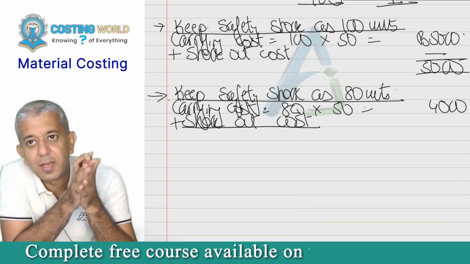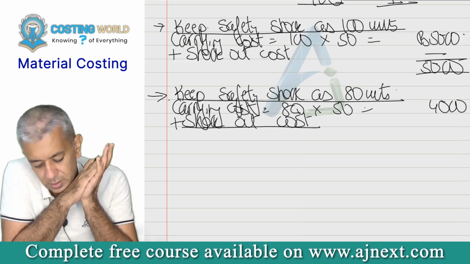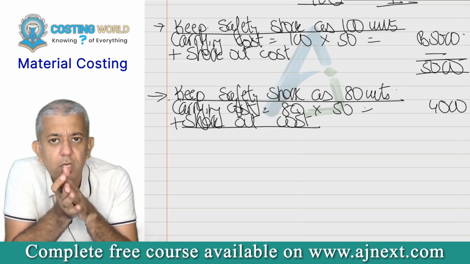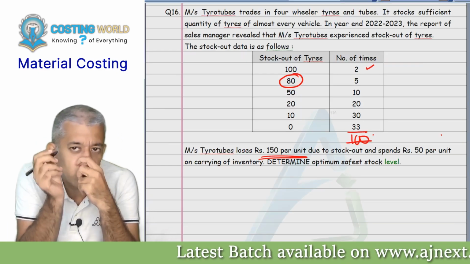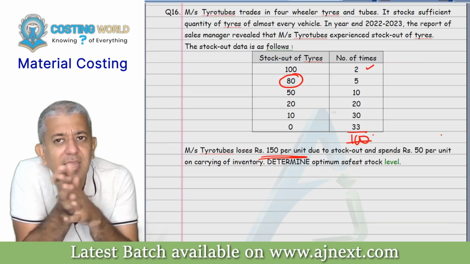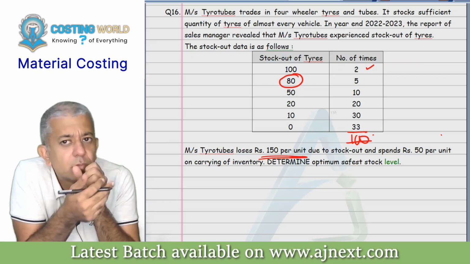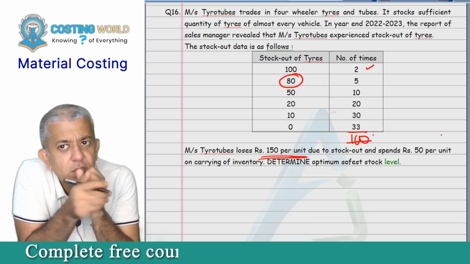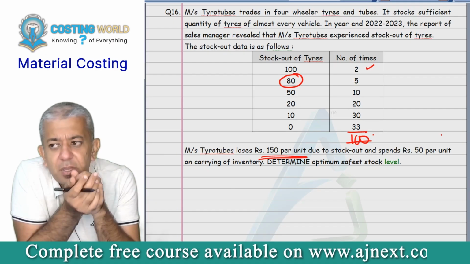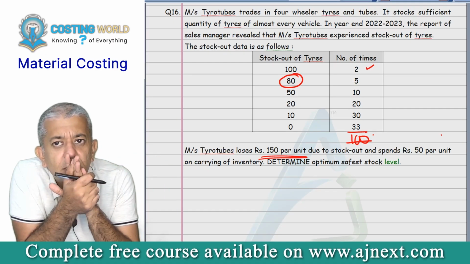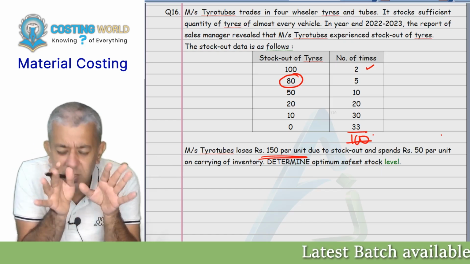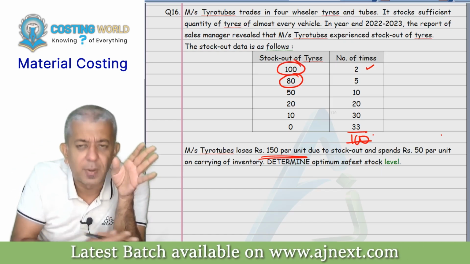Now everybody will tell me this thing. If you are going to be keeping extra stock of 80 units with you at all times, looking at this question, do you think that there will ever be stock out? Yes. When will it happen? When there is extra demand for dash units. 20. 20 means in this case whenever there is extra demand for 100 units.